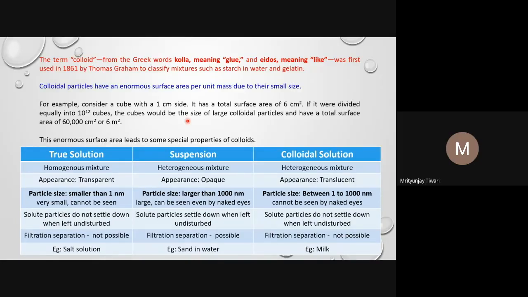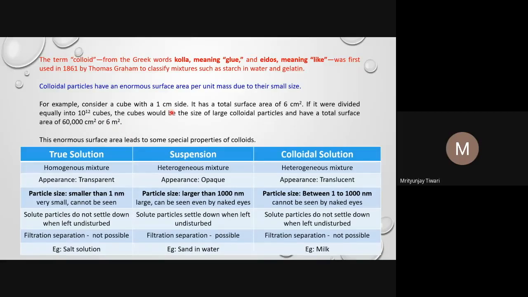The larger cube is divided into 10 to the power 12 smaller cubes, so the total surface area will be 10 to the power 12 into 6 into 10 to the power minus 8 square centimeter, which equals 6 into 10 to the power 4 square centimeter, meaning 60,000 square centimeter. And 60,000 square centimeter means 6 square meter.